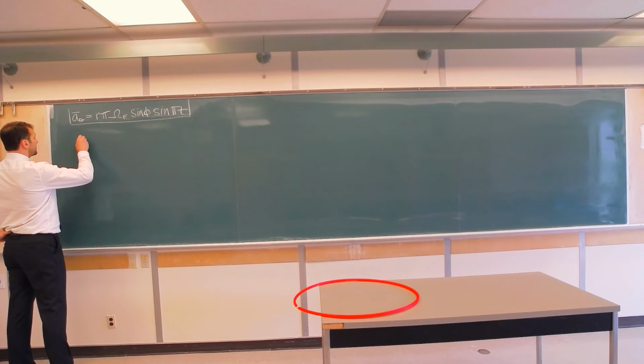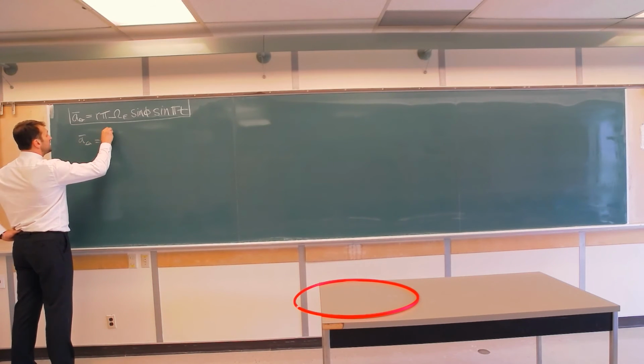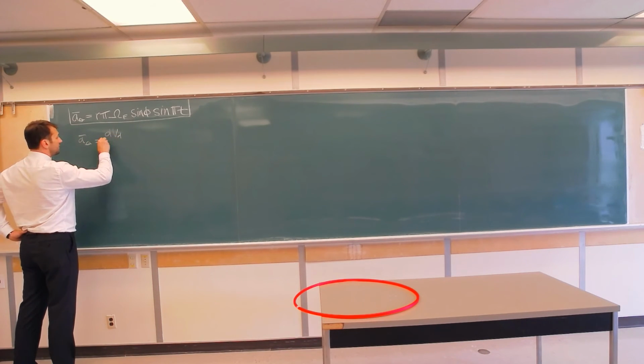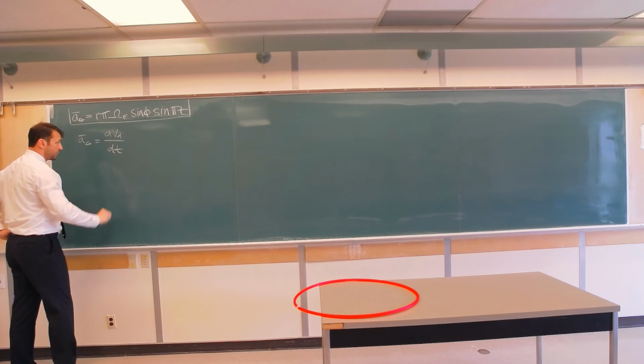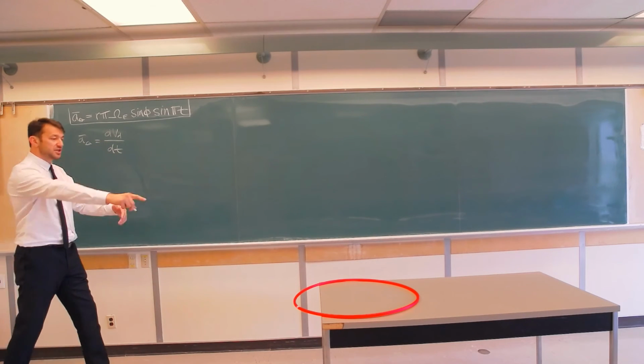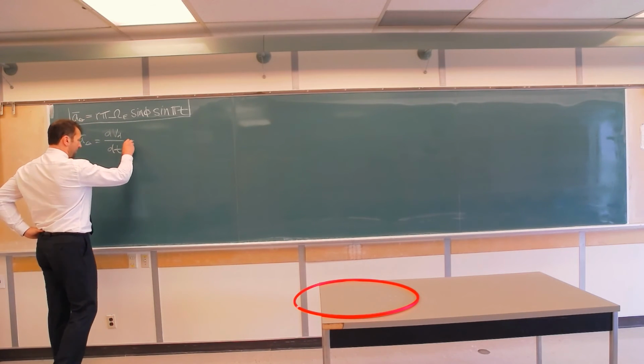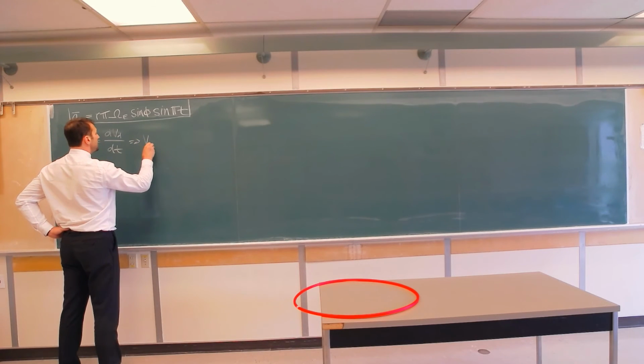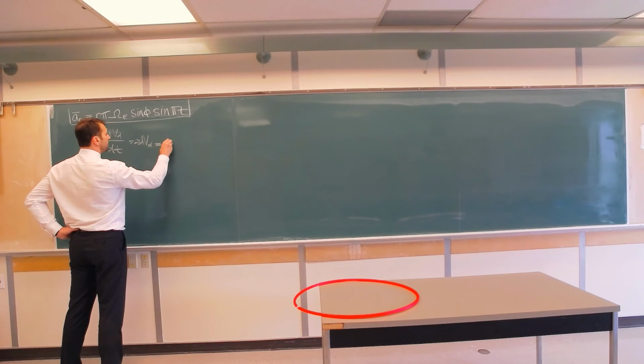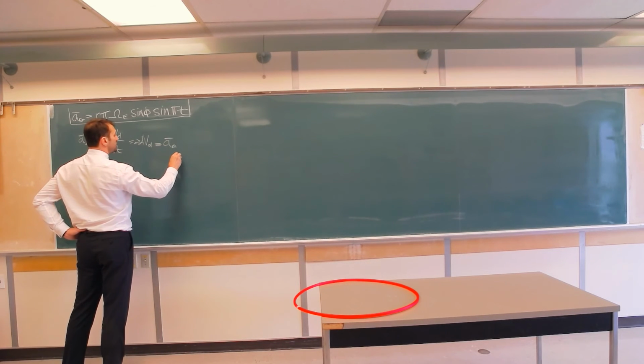Namely, I can say that a theta average is d v drift dt, where v drift is the drift velocity of the water, which means dv drift is equal to a theta average dt.